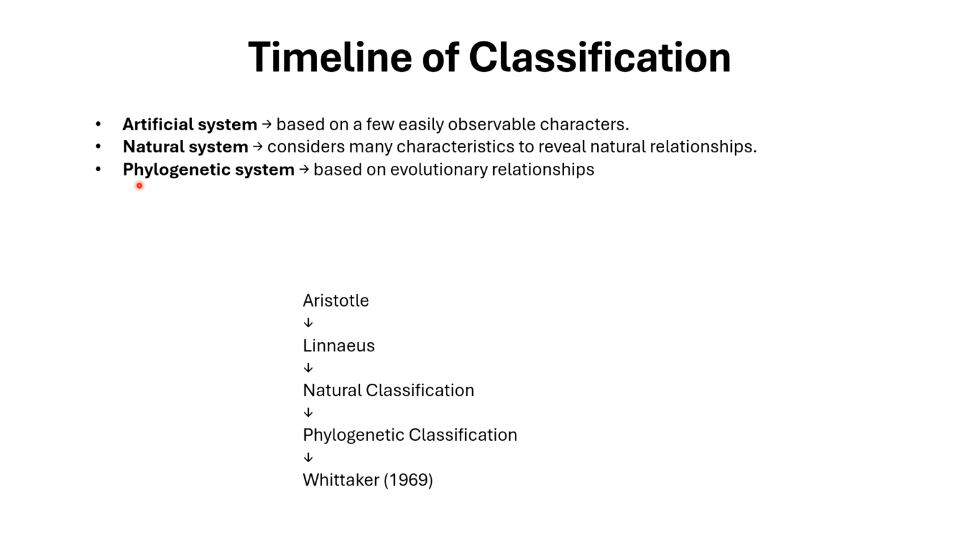And finally came the phylogenetic system, which is based on the evolutionary relationship. Okay, so starting from Aristotle, we have Linnaeus' two kingdom classification. Then came the natural classification, in which we have the three kingdom classification and four kingdom classification. After that, we have the phylogenetic classification, which was given by Whittaker in the year 1969.